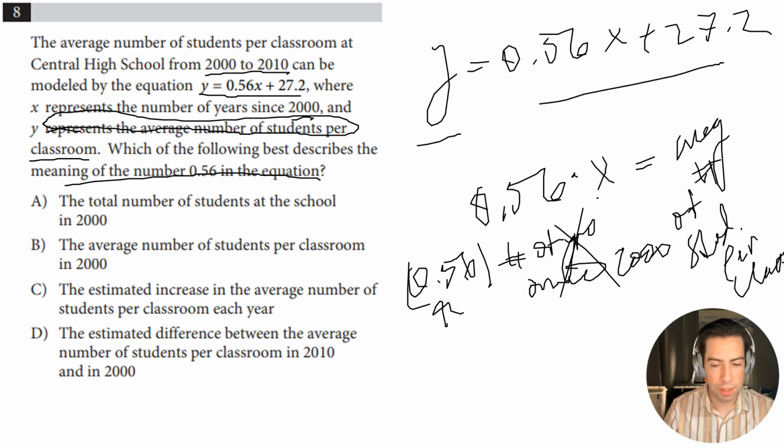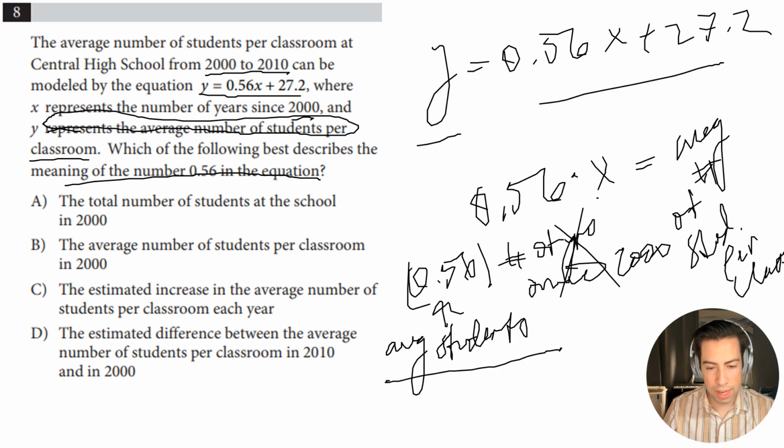So hopefully that makes sense. But basically what that means is that this 0.56 term needs to have average students, right? And then divided by number of years, okay?